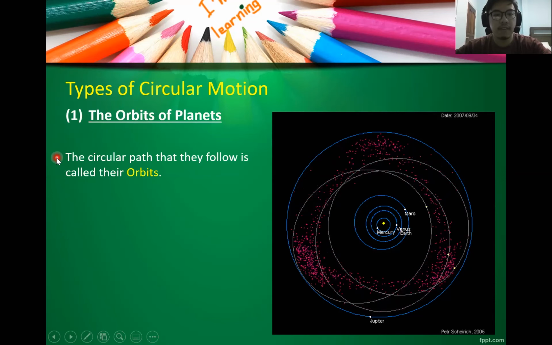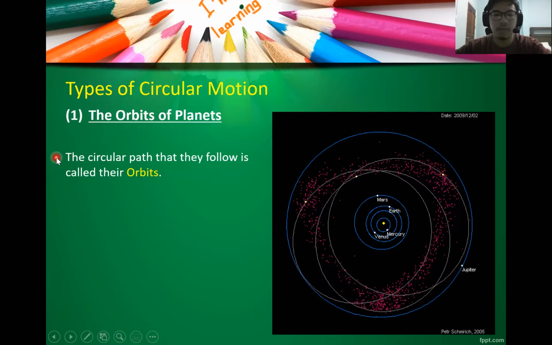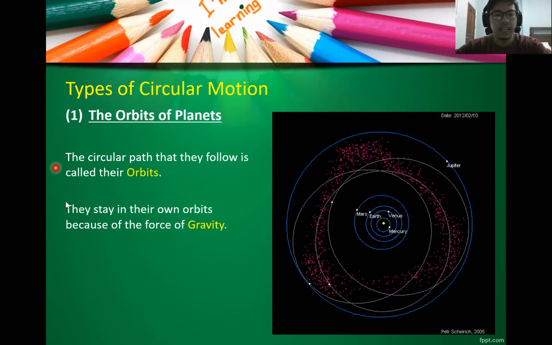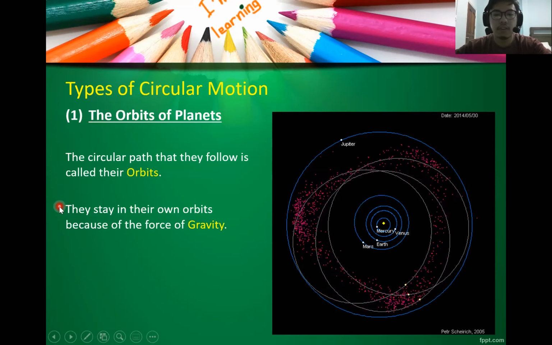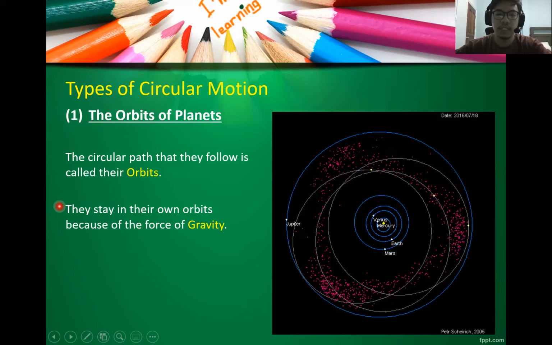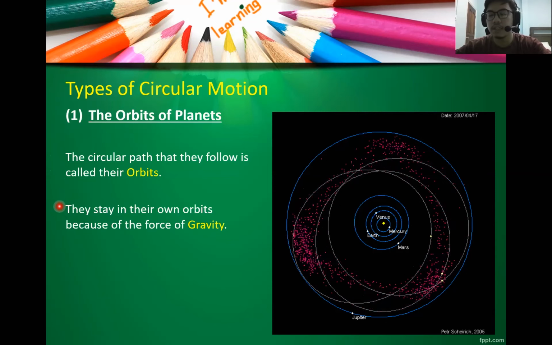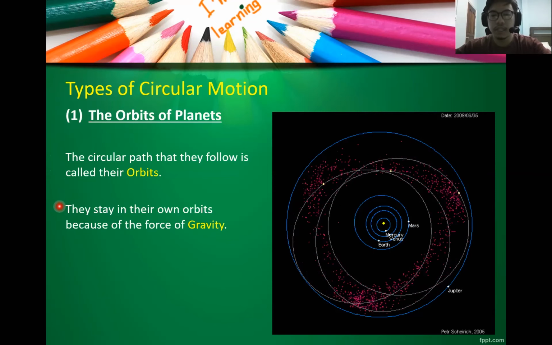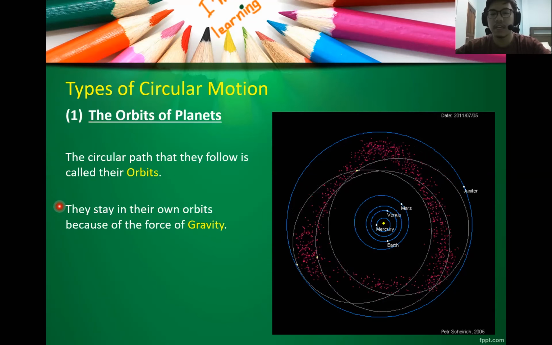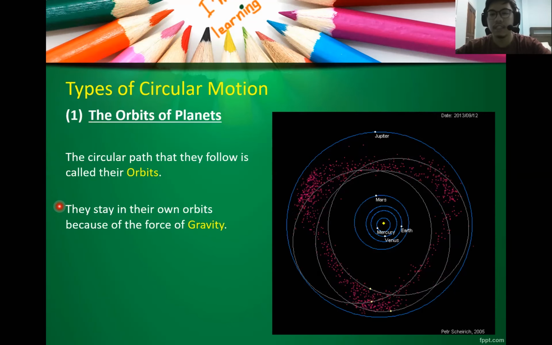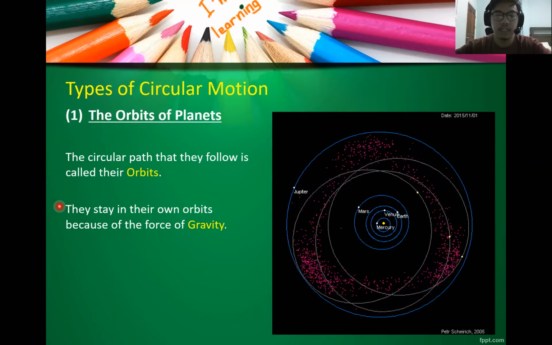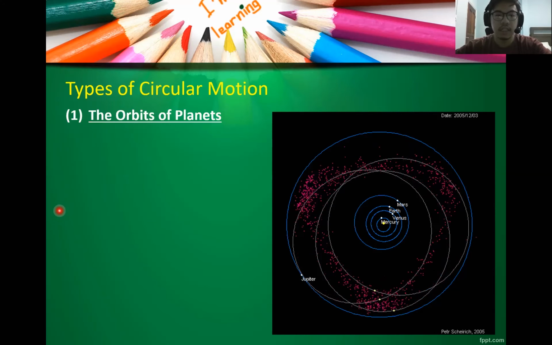The circular path that they follow is called their orbit, and they stay in their orbits because of the force of gravity. So the reason why the earth is orbiting around the sun is because of the gravity between the earth and the sun. That's why it's moving around in circles.